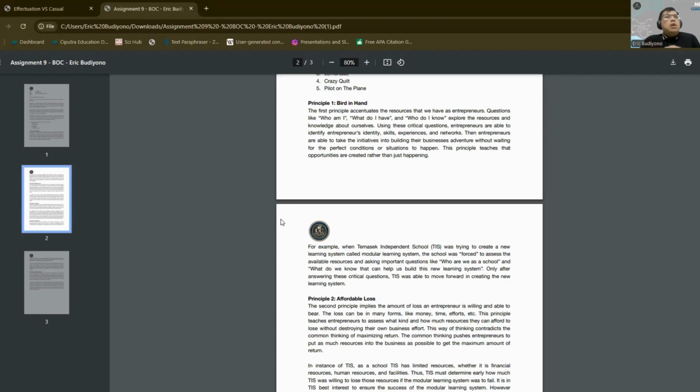In the past, when the government forced every school to follow their way of thinking, their mindset, by having this Kurtilas curriculum 2013, for example, we tried to follow to the best of our ability. But at the end of the day, we just said, okay, enough is enough. So we will follow your regulation when the government regulation makes sense to us.